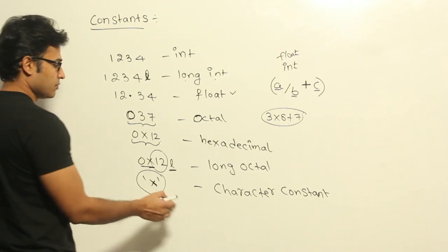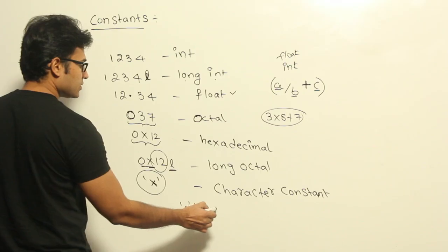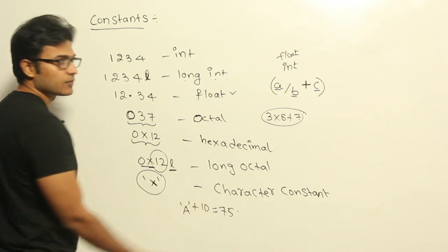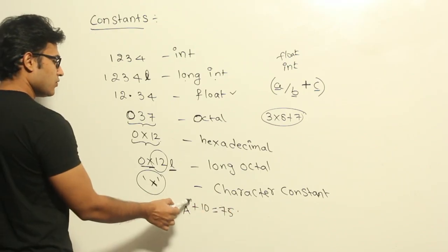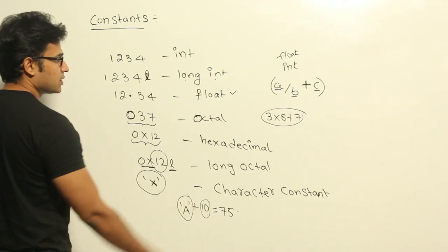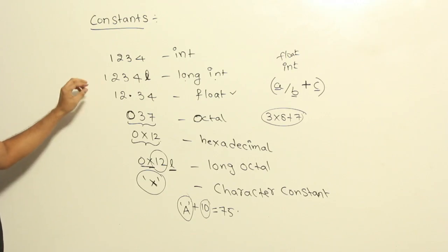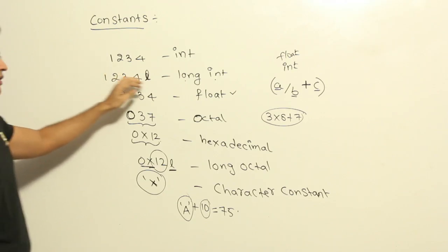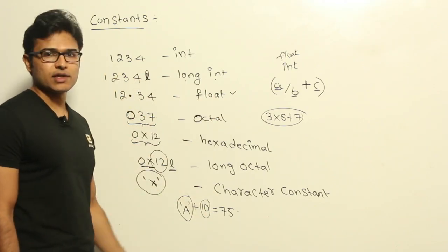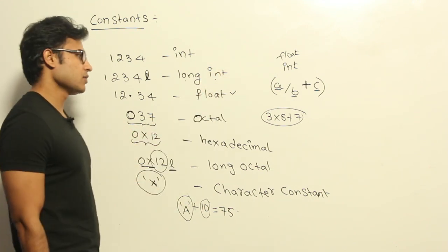For example, if you say 'A' plus 10, then it is going to be 75. Why? The ASCII value of A is 65, and therefore 65 plus 10 is 75. This is how you can know, whenever a constant is present in an expression, what type it is, and depending on the type, the output will vary.